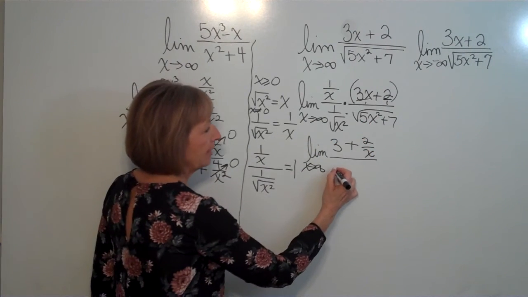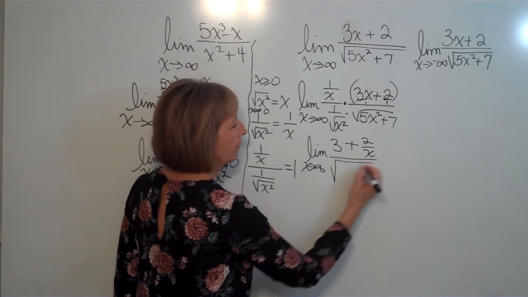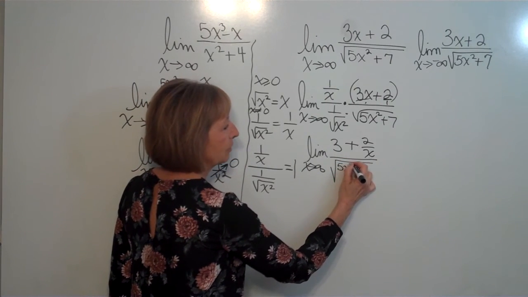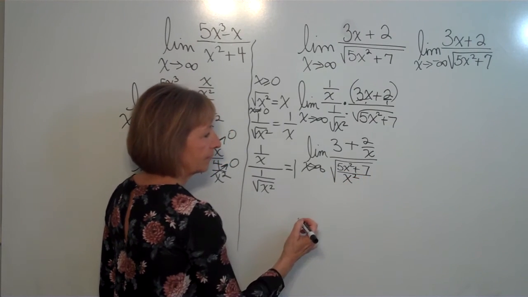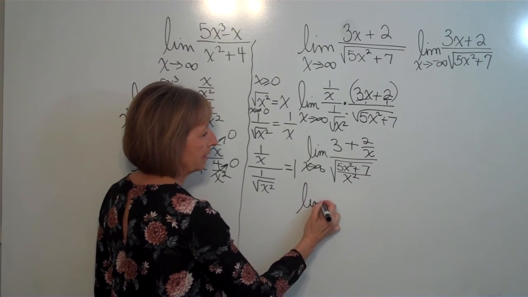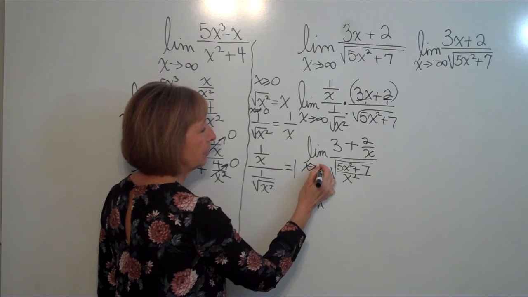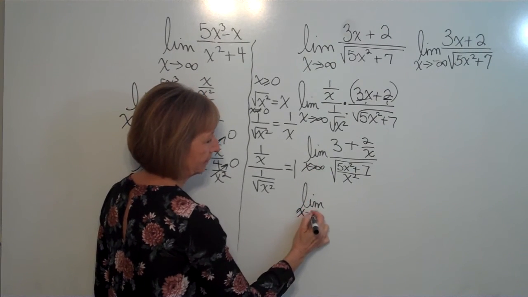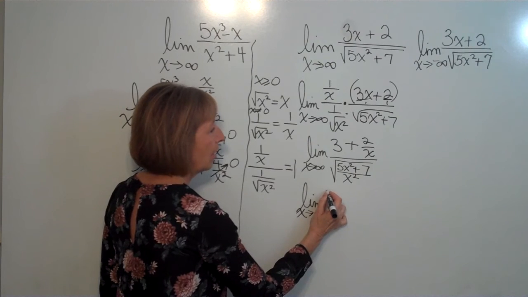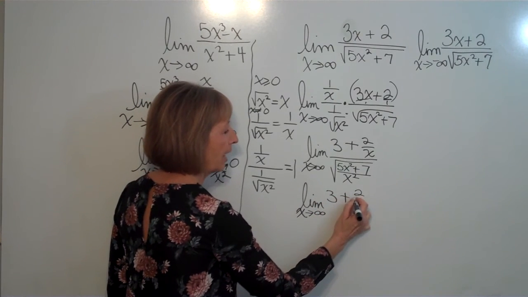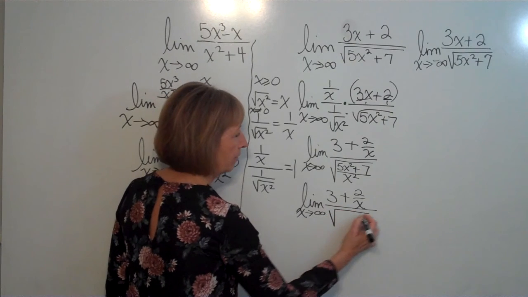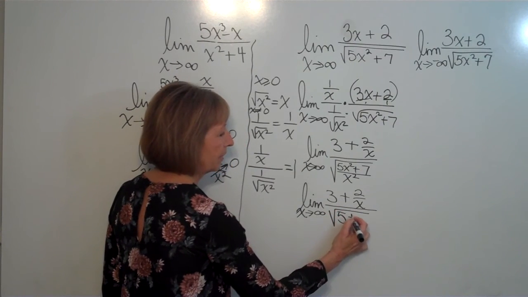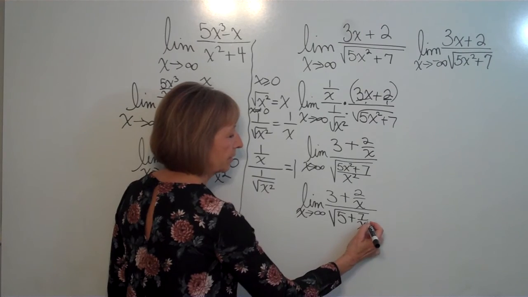So I can actually write that as the square root of 5x squared plus 7 over x squared. So that gives me the limit as x approaches infinity of 3 plus 2 over x over the square root of 5 plus 7 over x squared.